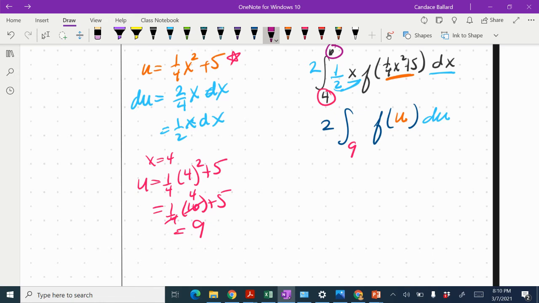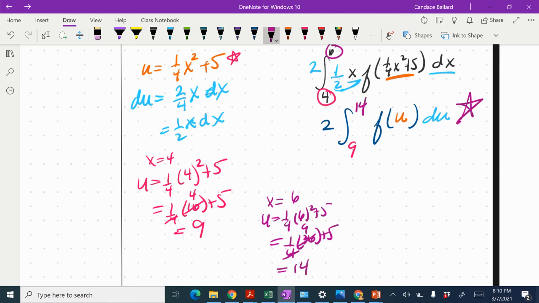So x equals 6. I would get u equals 1/4 times 6 squared plus 5. 6 squared is 36. 4 goes into 36 9 times, and 9 plus 5 is 14. So our new equivalent expression would be 2 times the integral from 9 to 14 of f of u du.